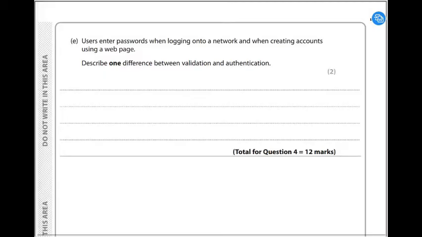That would get you 2 marks. Or you could say validation is used to check that the password entered by a user meets specified requirements, whereas authentication is used to prove that users are who they say they are. That would get you 2 marks straight away.